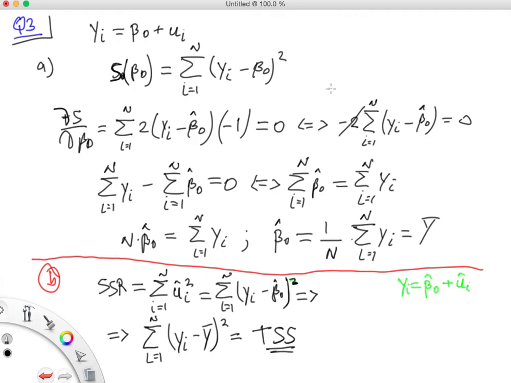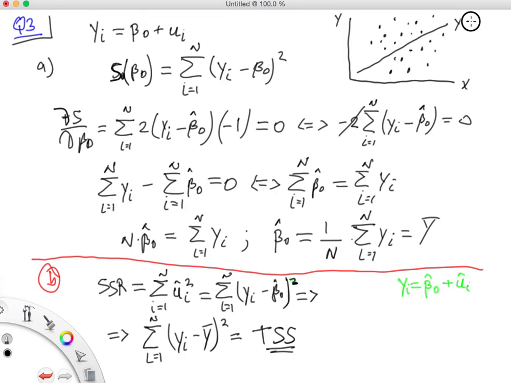Now what is this? If you look at the graph, and I hope I can illustrate it nicely here, we have these dots all around here. These are x's, these are y's. And this is your y equals beta 0 plus beta 1 hat x, that's your regression here.